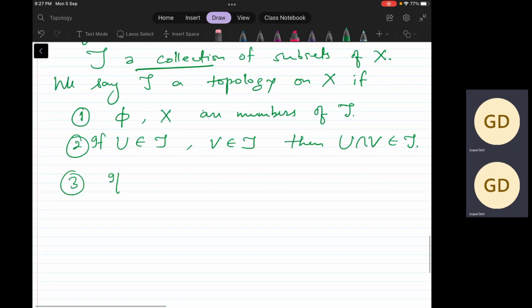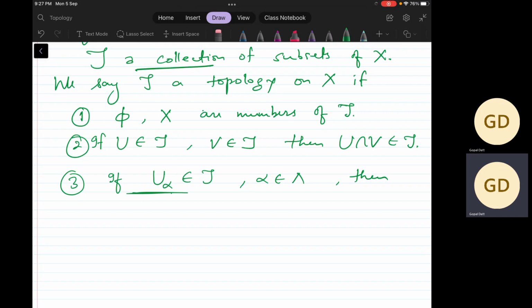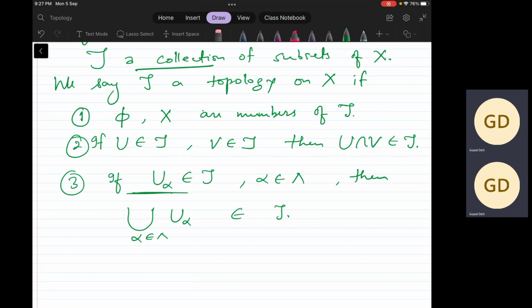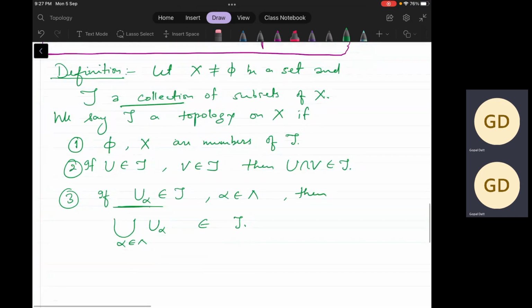Third property, if we have an arbitrary collection of open sets, so U alpha is a member of tau, where alpha comes from any indexing set lambda, then their union of U alpha is in tau. If these three properties are satisfied, then we say tau is a topology on X.